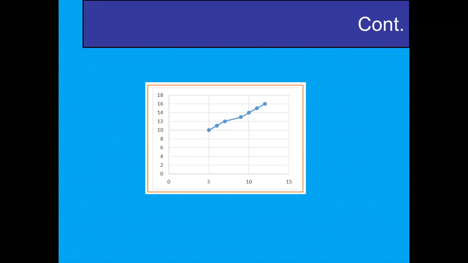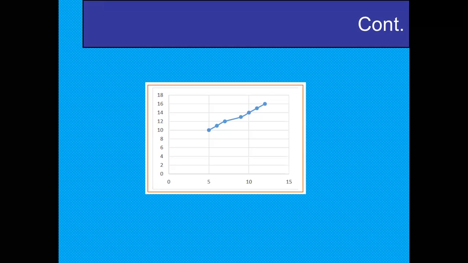It is similar to when you do some practicals and at the end you draw a graph between two quantities. Suppose you are going to prove Ohm's law, then you will plot the graph between the voltage and the current, and you can consider the current on the x-axis or the voltage on the y-axis.